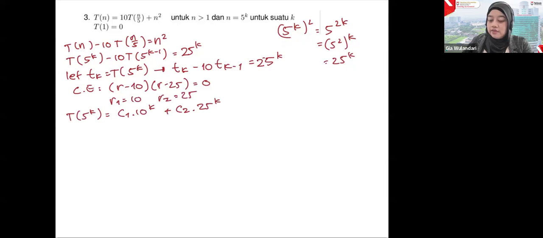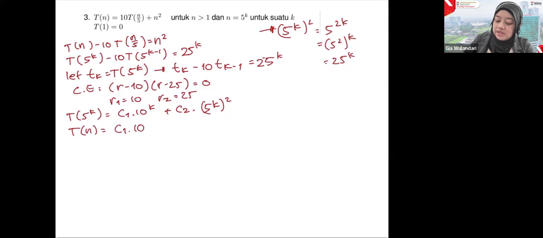And again, 25K can actually be written as 5K square, right? Like what we have here. So here back to Tn, it is C1 times 10 log 5n plus C2 n square.